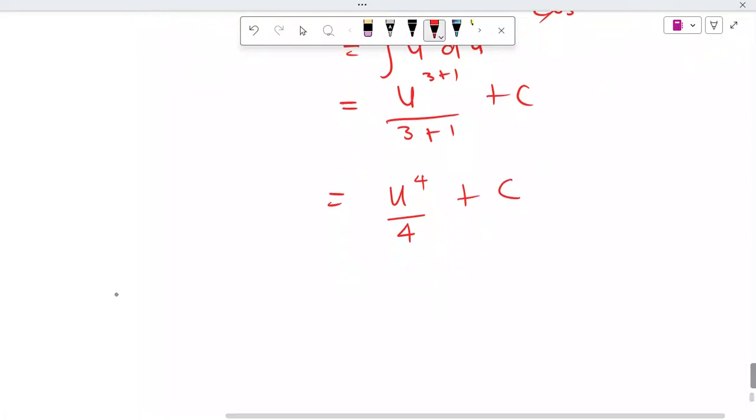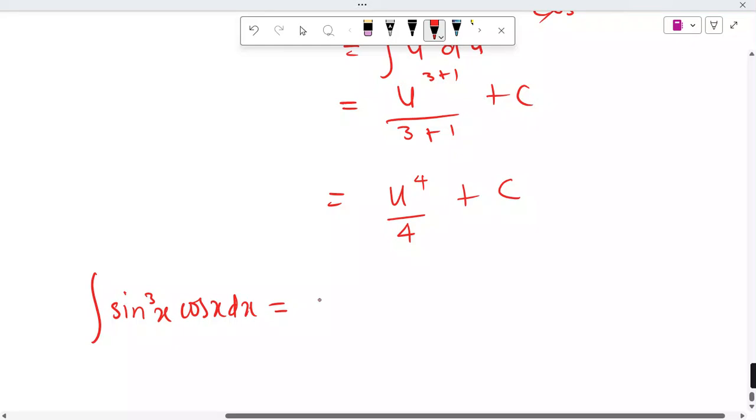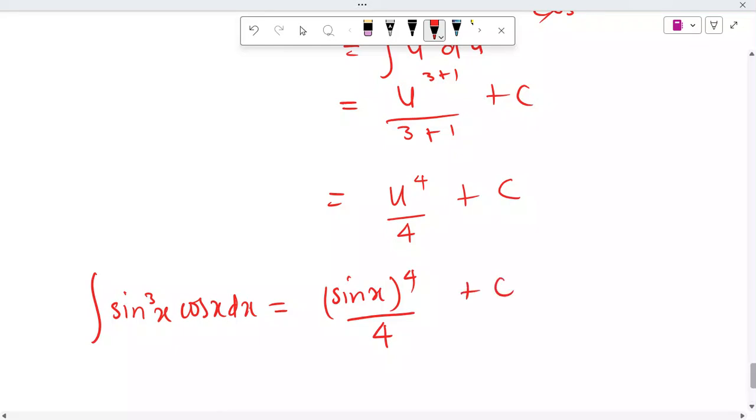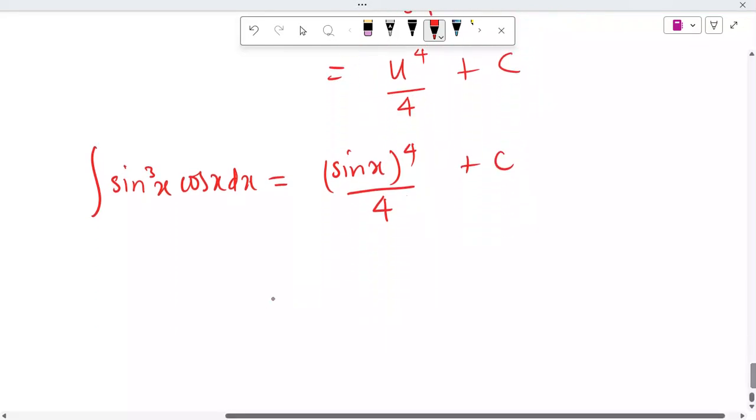Now we know the value of u, so the integral of sine cubed x cos x dx, where u is sine x, is sine x to the power 4 over 4 plus c. This is the same as sine to the power 4 of x over 4 plus c. So this is the answer.